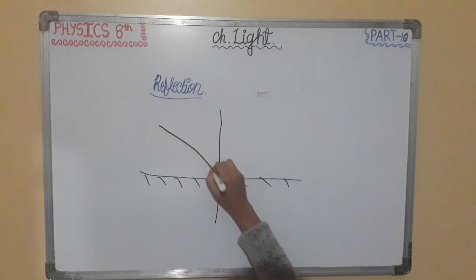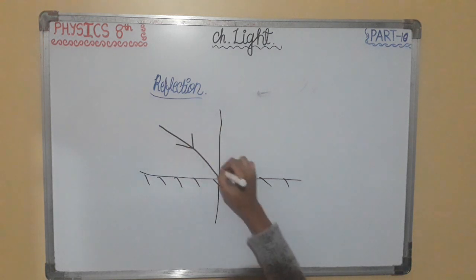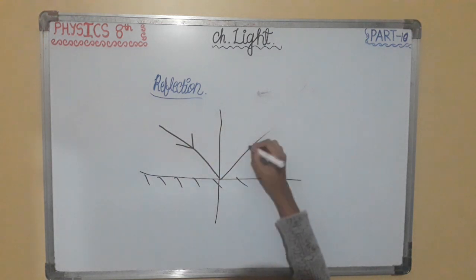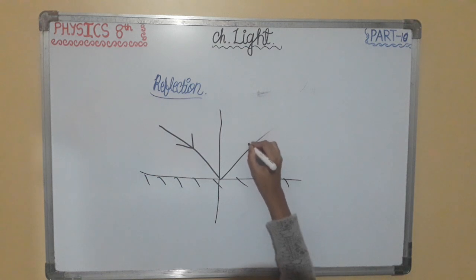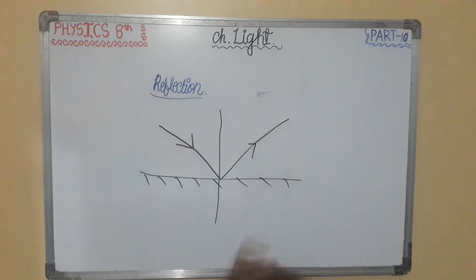Here if light is coming at this position, it will bounce and reflect to this side, like this.